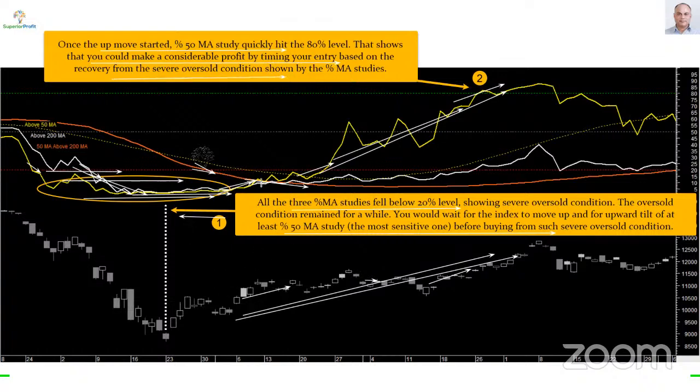Are you going to use only the percentage MS studies to time the entry in the strong stocks? No, we have the full picture. I'm explaining each indicator one by one, and this was a powerful signal that the yellow line was flat and then it started to go up. You could start to buy fundamentally strong stocks well before it hit the red line.